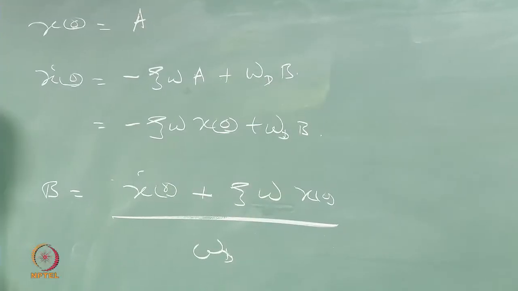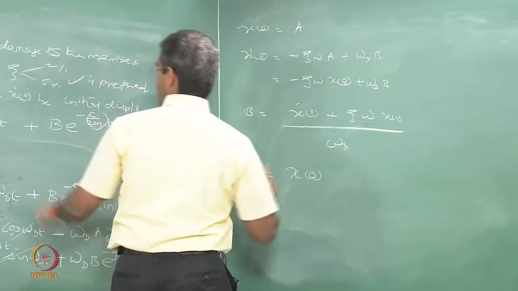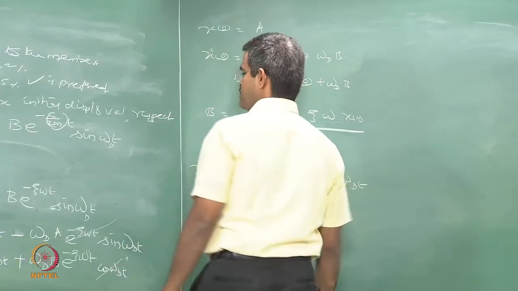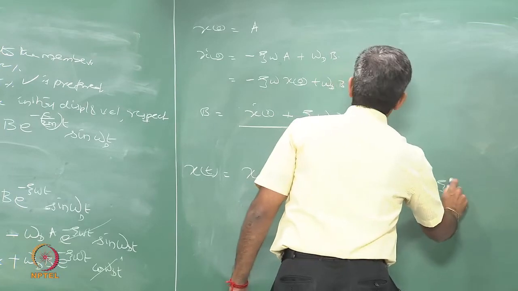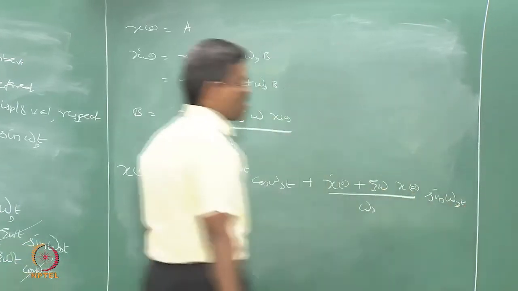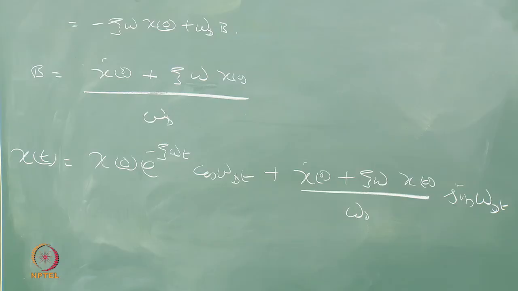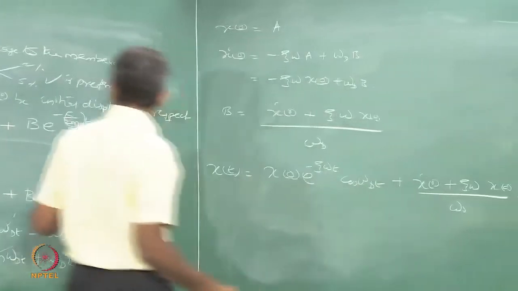So, I get the full solution now, which is x of t as x 0 e to the power of minus zeta omega t cos omega d t plus x dot 0 plus zeta omega x 0 by omega d sin omega d t. There is a multiplier here of e to the power minus zeta omega t.